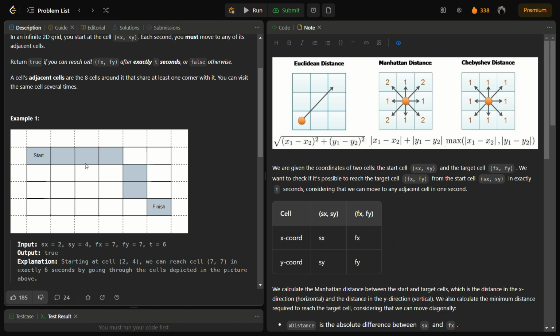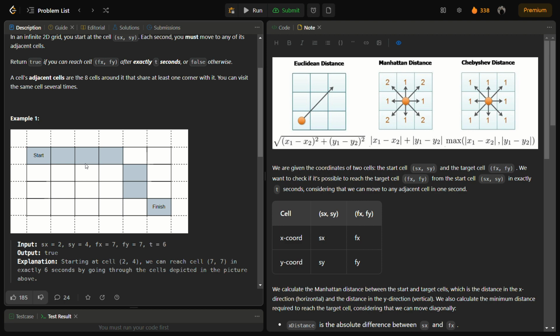In grids usually we measure the distance like x plus y, we do not calculate the Euclidean distance. So that's why we are using a Manhattan distance in this case.